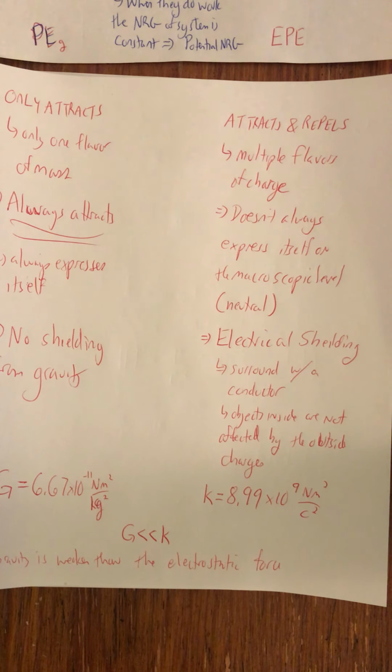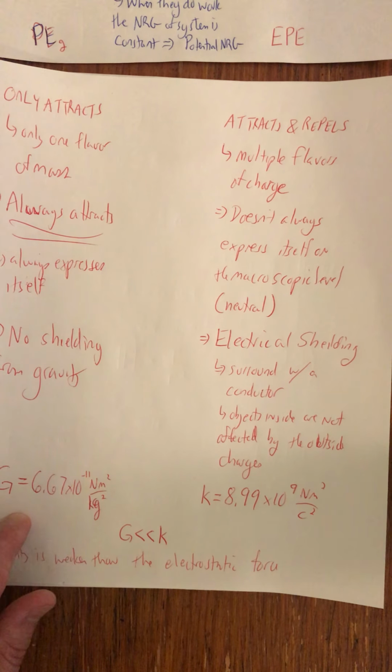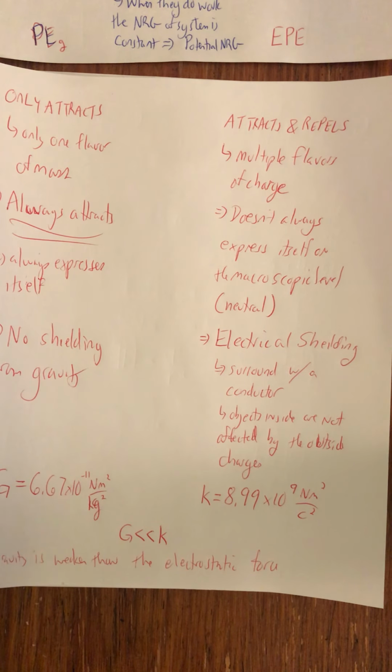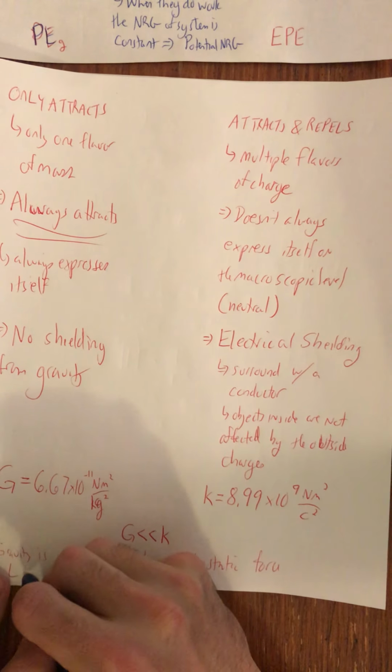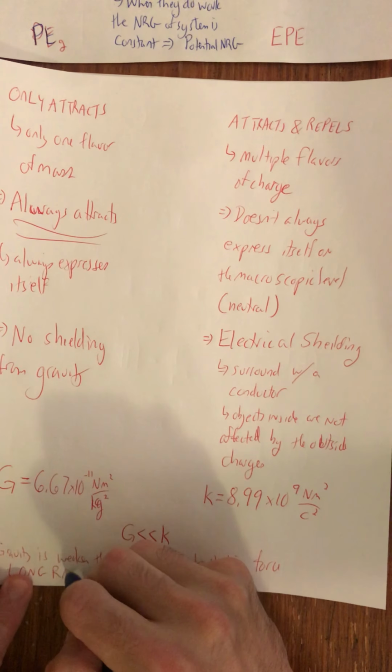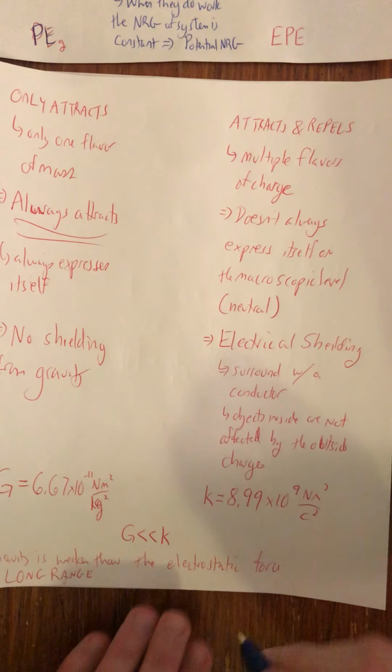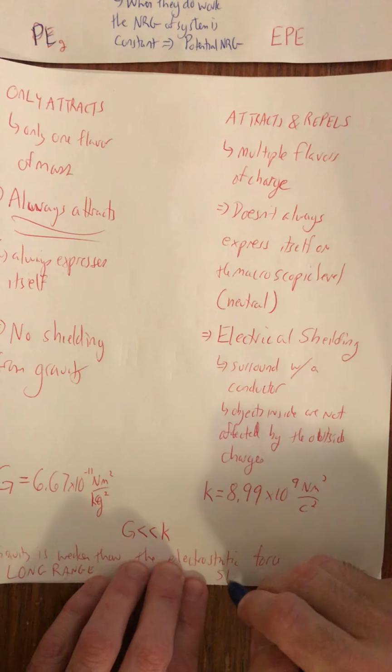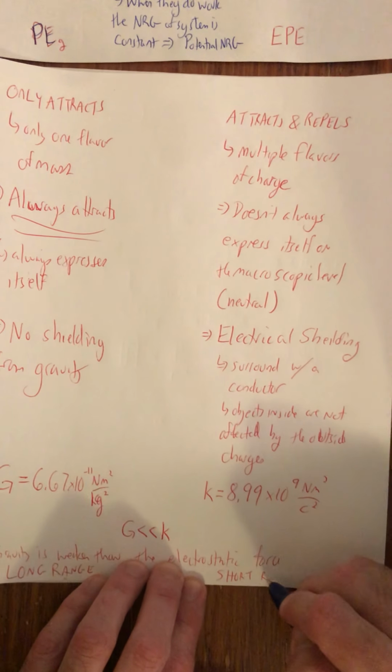Half a meter, there's a huge interaction, and then when you get even closer and closer, it gets much stronger, right? Gravity, though, when I have planetary-sized masses, the gravitational force between the sun and Pluto pulls it around in its elliptical orbit, right? So gravity is a long-range force, and we say that the electrostatic force is a short range, okay?